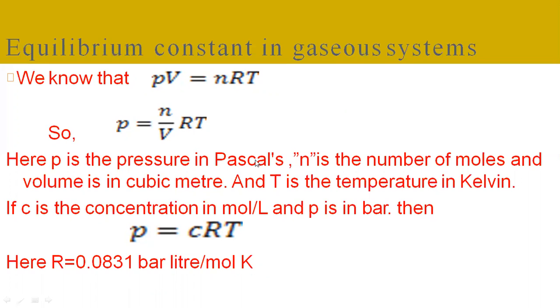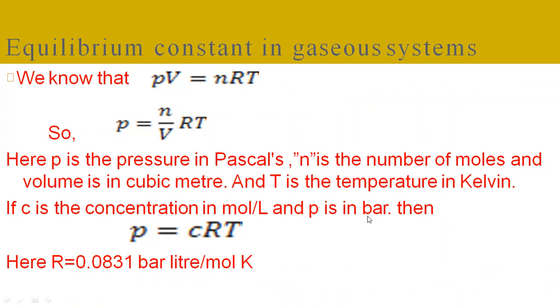So when we talk about the ideal gas equation and pressure in the equilibrium, at this stage we just take the pressure in pascals. n is the number of moles. V, the volume, is in cubic meters. We have to take the volume in meter cube. T is the temperature. We have to take the temperature in Kelvin. C is the concentration in moles per liter, and P is in bar.